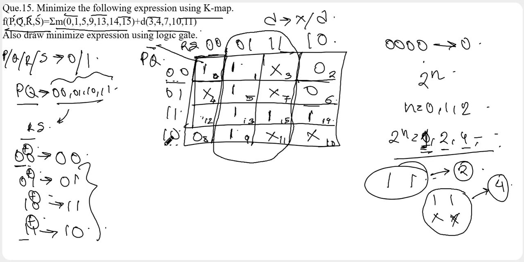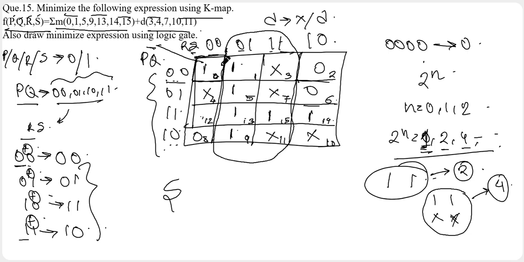So the variables whose values are changing, we will discard. We will only keep those variables whose values are fixed. Like for the row wise, all the values are changing. But for the column wise, the value of R is changing from 0 to 1, but the value of S is fixed. So we will write S for this group.